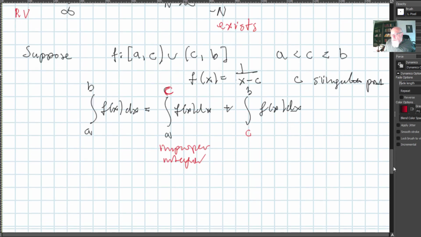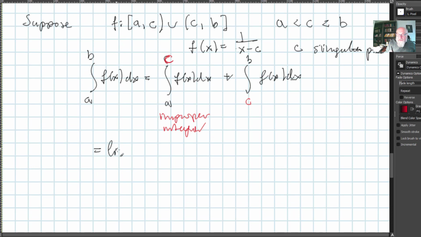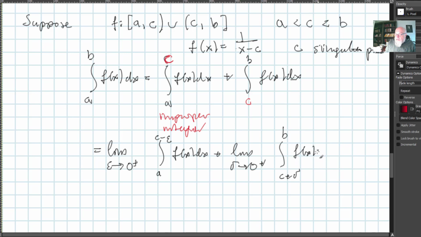So in this case, we are getting again two limits. Here we have limit, epsilon going to 0 from the positive side, of the integral from a to c minus epsilon of f of x dx, and then limit again, delta goes to 0 from the positive side, of the integral from c plus delta to b of f of x dx.